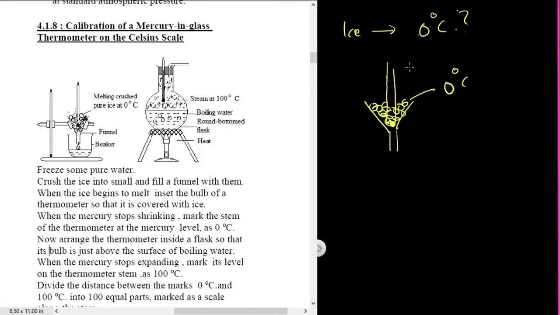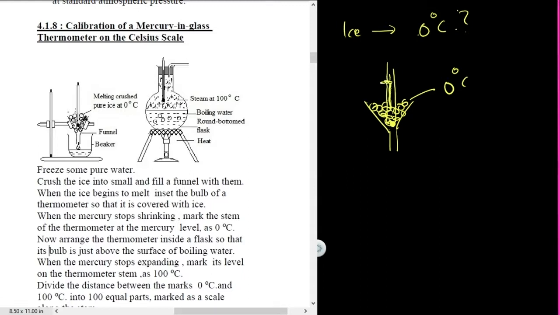When we put our thermometer inside the ice, the mercury will fall until a certain point, meaning that the mercury will shrink, and after a while it will stop falling at the lowest point.